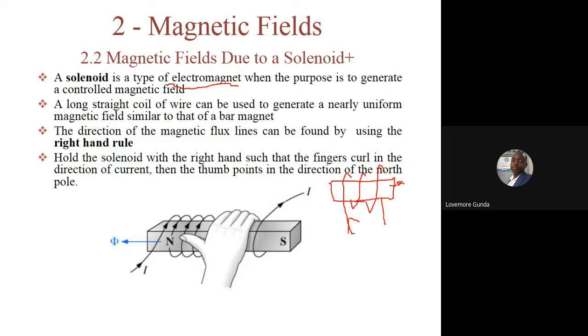Let's say it gives a south and a north. So it becomes a magnet, but then it's an induced magnetism, which means when the current stops flowing, the magnetism disappears. So in that case, it becomes a solenoid, right? If it is used to produce a controlled magnetic field, it becomes an electromagnet, right?